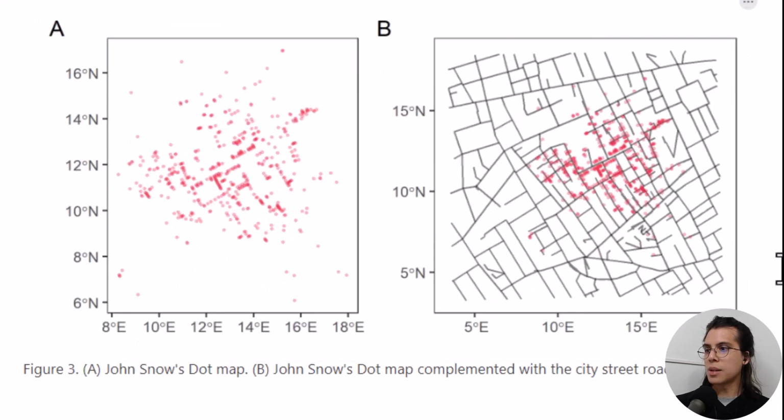And here we see the figure that we saw in the introduction, where on the left we have just the dot map with the location of deaths in the outbreak, and on the right we have the same data with the street roads that help the viewer to localize where the cases are located in space.